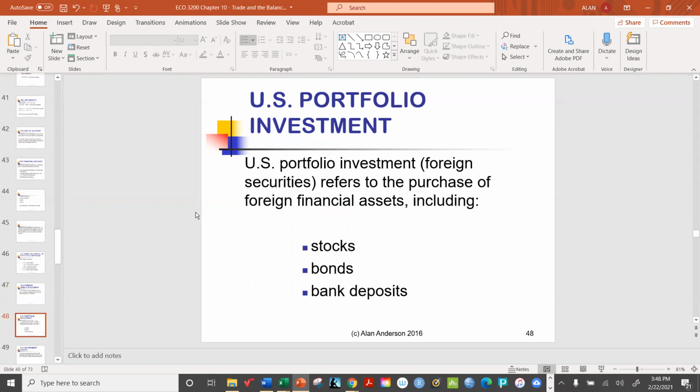Portfolio investment would be the purchase of foreign assets like stocks and bonds, or if you choose to keep your money in a foreign bank, this is all considered portfolio investment. And that, again, can change very quickly depending on the level of interest rates and exchange rates in the two countries.